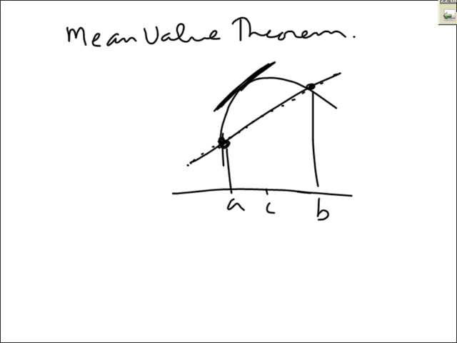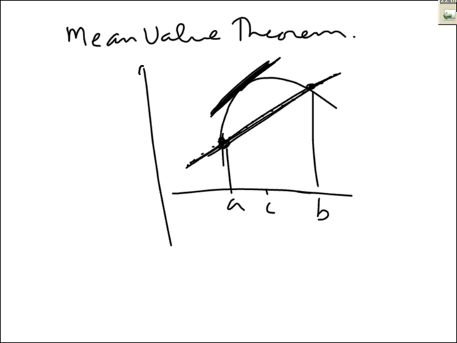Condition 1: f of x is continuous on the closed interval from A to B. Condition 2: f of x is differentiable on the open interval AB. If those two conditions are met, then there is a C where the slope of this line is equal to the derivative at C.